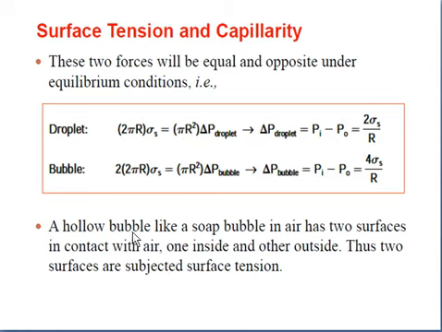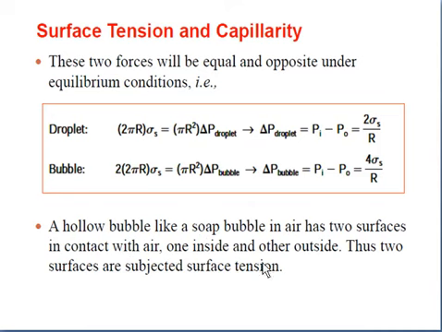Now, a hollow bubble, like a soap bubble in air, has two surfaces in contact with the air, one inside and the other outside. Thus, two surfaces are subjected to surface tension. I will explain this line.